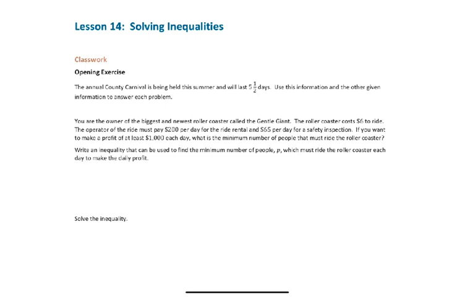The operator of the ride must pay $200 per day for the ride rental and $65 per day for a safety inspection. If you want to make a profit of at least $1,000 a day, what is the minimum number of people that must ride the roller coaster? Write an inequality that can be used to find the minimum number of people, P, which must ride the roller coaster each day to make the daily profit.